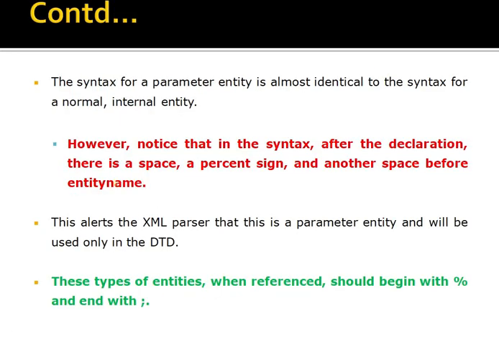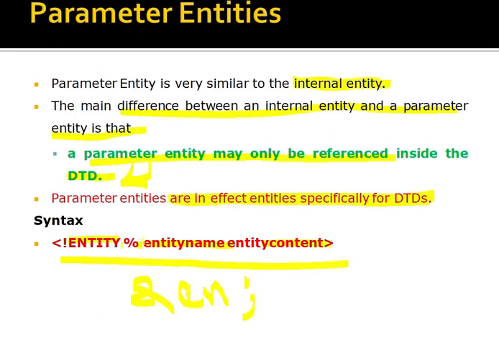The syntax for a parameter entity is almost identical to the syntax of a normal internal entity. This is a parameter entity syntax, and this is a normal internal entity.